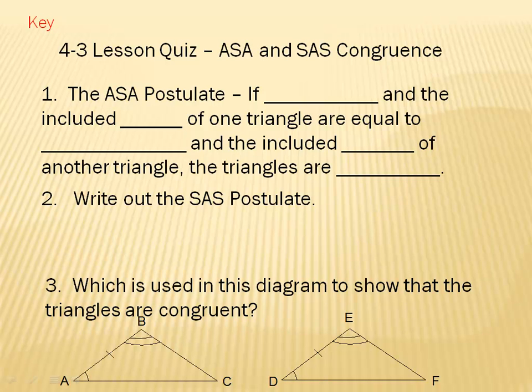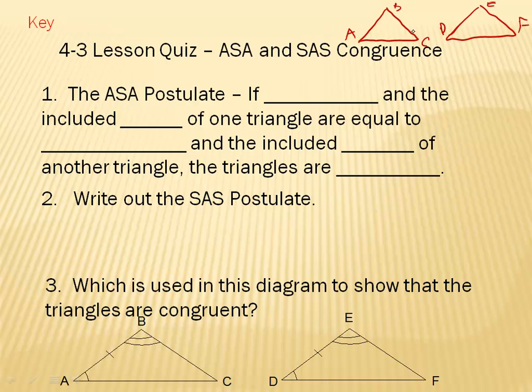All right, so the ASA postulate, angle side angle. Here's what this means. Let's say I've got two triangles, and I know I just hand drew them so they're not looking very congruent, but let's say that they are. This is triangle ABC and triangle DEF.